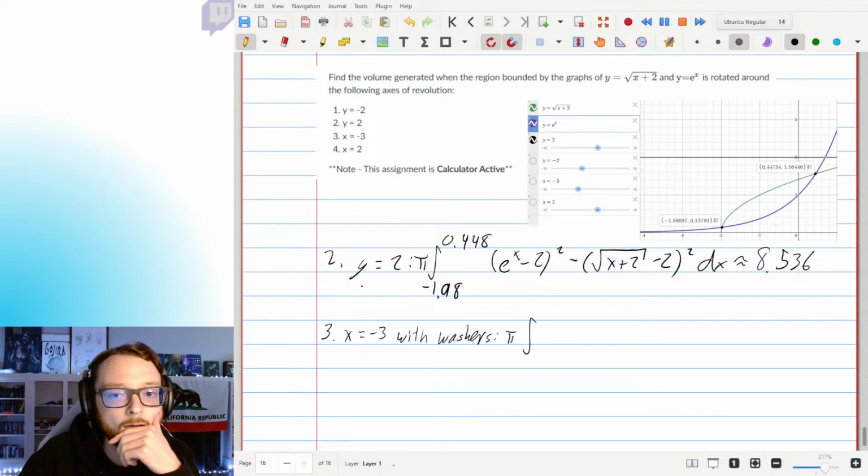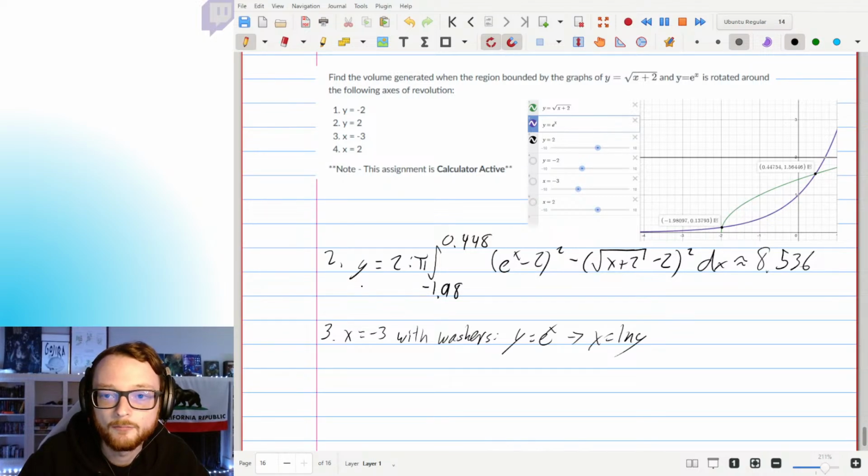So, before we even start, if y equals e to the x, then x equals ln y. And then if y equals root x plus 2, then x equals y squared minus 2.